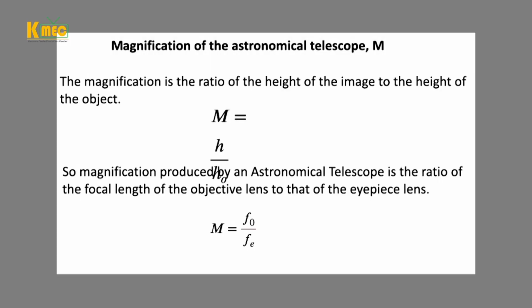This is the general term: magnification is the ratio of the height of the image to the height of the object. For the case of the astronomical telescope, magnification is the ratio of the focal length of the objective lens to that of the eyepiece lens.